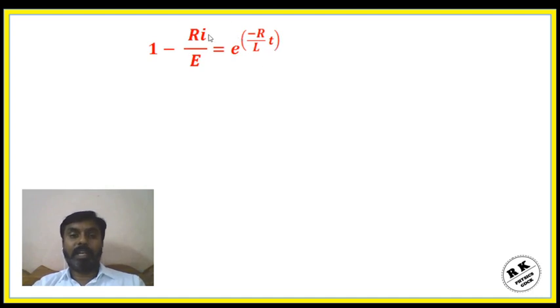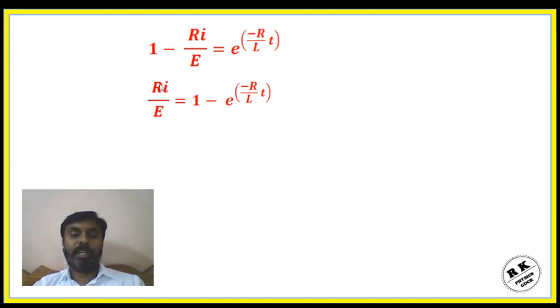Again we rearrange the terms and write the equation. Our final motto is to write the equation for I. So we take this exponent term to the left side and this Ri by E to the other side. So the equation becomes like this.